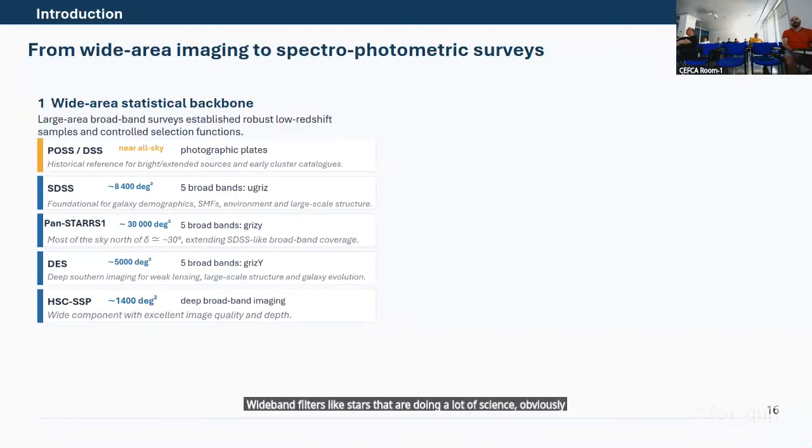But the thing is that these lack a good characterization of redshift and galactic parameters like stellar masses, because we are sometimes lacking the 4000 angstrom break to characterize correctly, or some emission lines to characterize correctly redshift and stellar mass parameters.